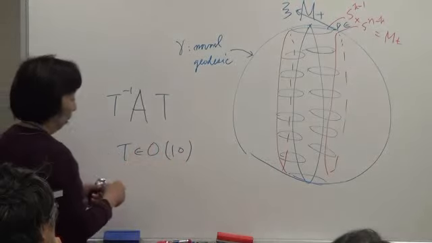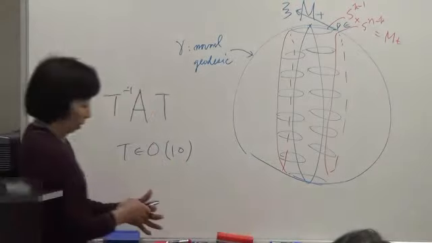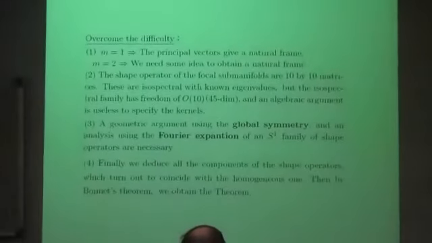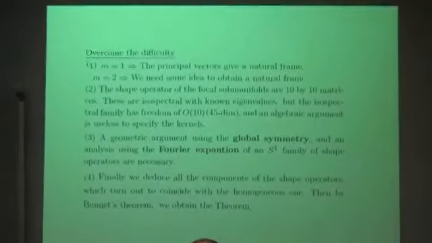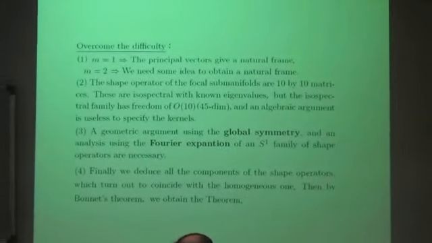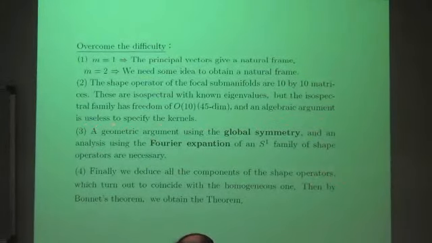So the family of isospectral operators is of dimension 45. So we want to specify the kernel, but algebraic argument is useless to specify kernels. So we need a geometric argument.